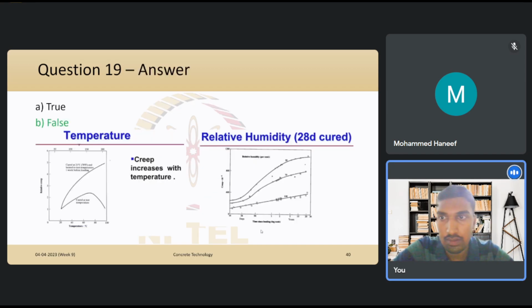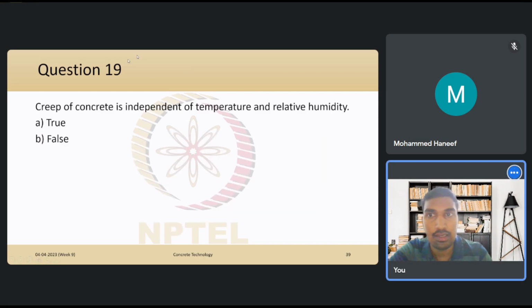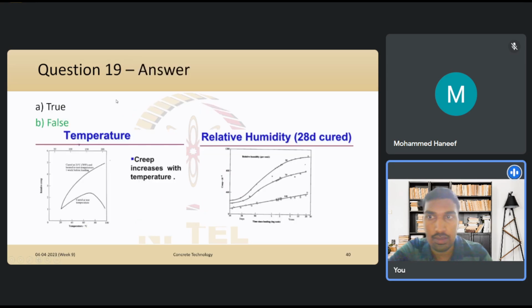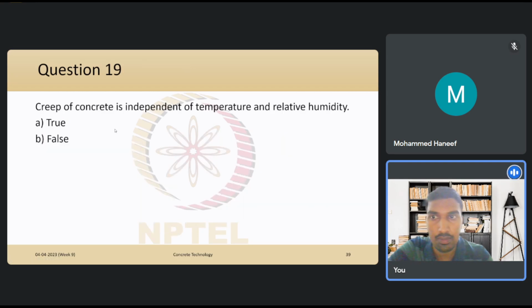Yeah, the right option is also B, false. So we saw that temperature and relative humidity are factors that affect creep, right? So therefore it is not independent. We saw in particular that with increase in temperature, creep increases, and also we saw the effect of relative humidity, right? Lower relative humidity will give you higher creep. So both of these factors have an effect on creep, and therefore the right option is B, false.